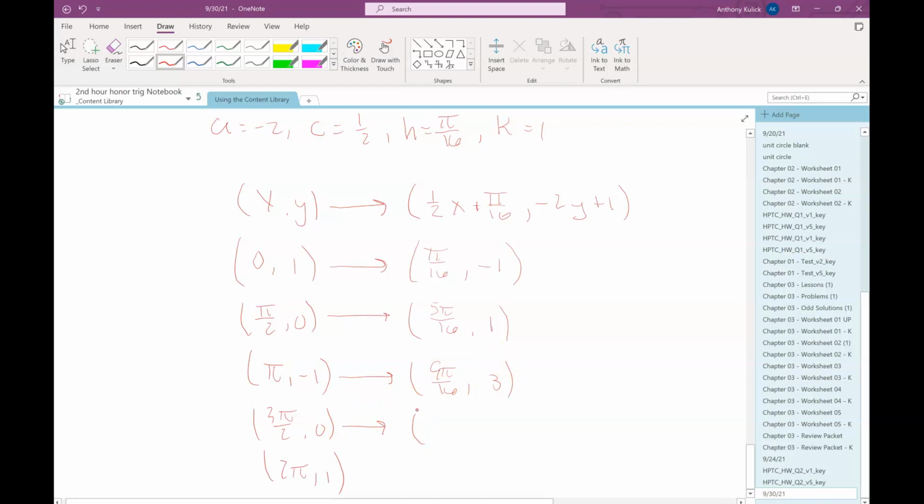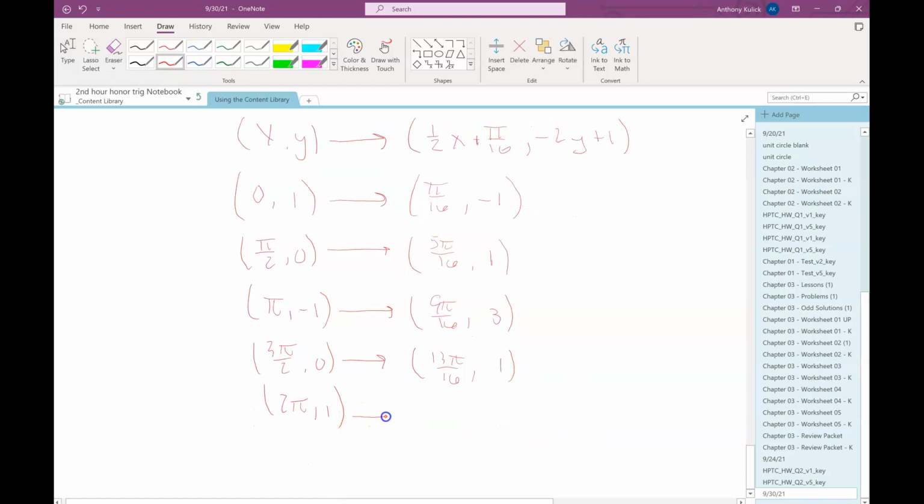And then 3/4 pi plus pi over 16 is going to be 13 pi over 16, and then 1. Oops, I said 1. And then pi plus pi over 16 will be 17 pi over 16, and then back to -1. Everybody's okay there?